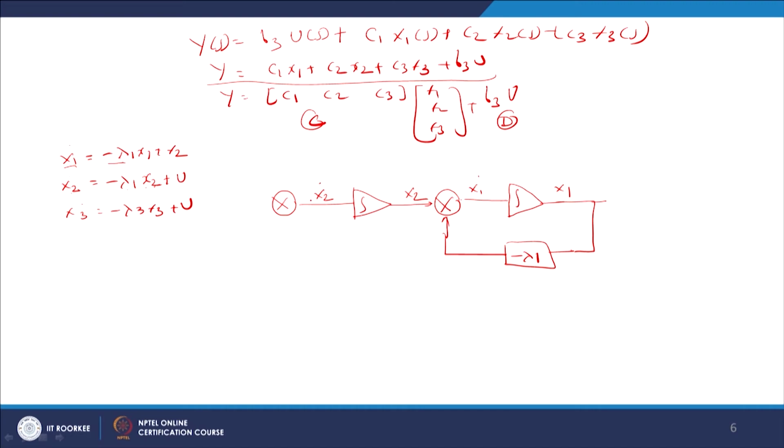So, here x2 dot equals minus lambda 1 x2 plus u. Now, the third, x3 dot equals minus lambda 3 x3 plus u, that means here also we have to use another integrator. So, here I am showing an integrator like this, here is another integrator, and a summation block.